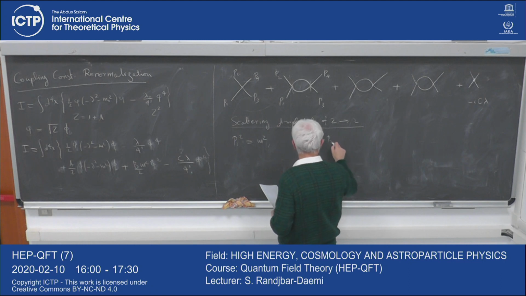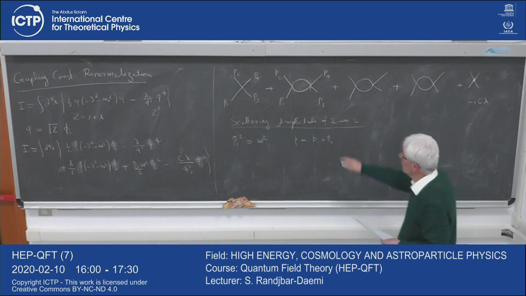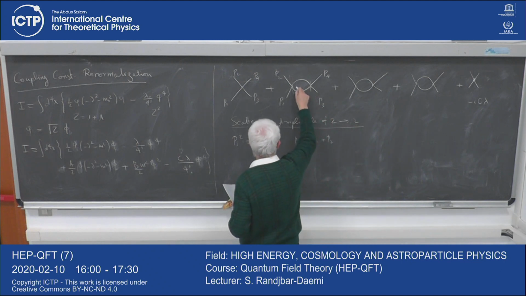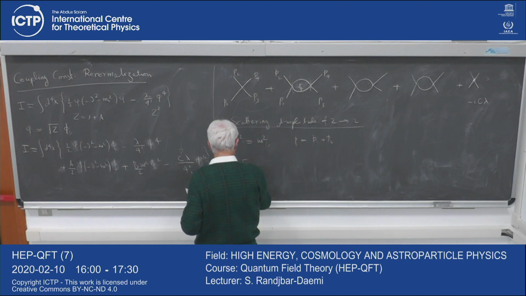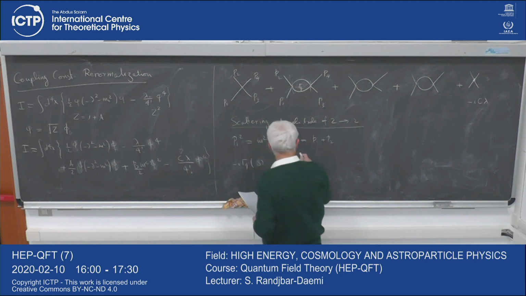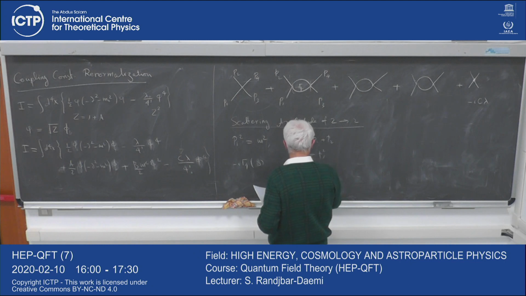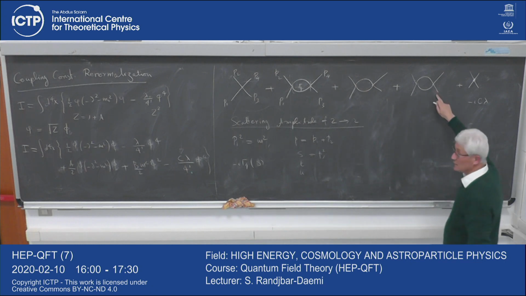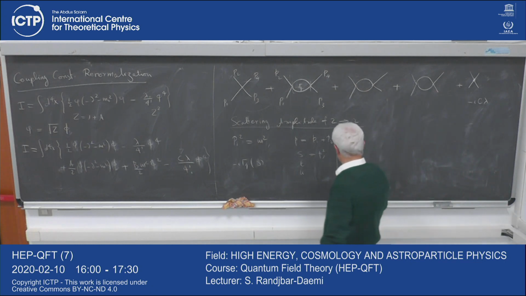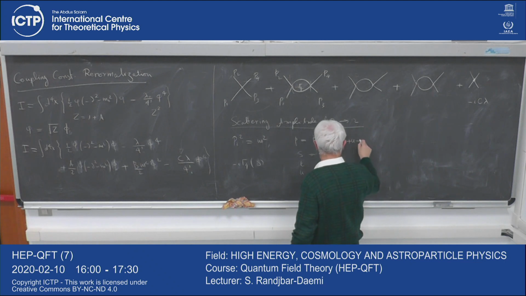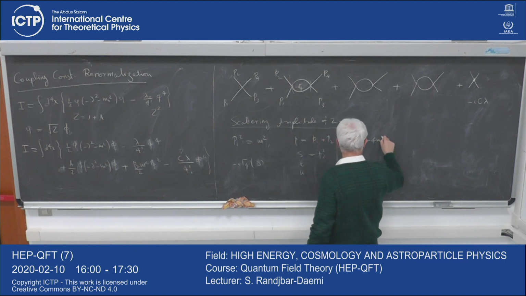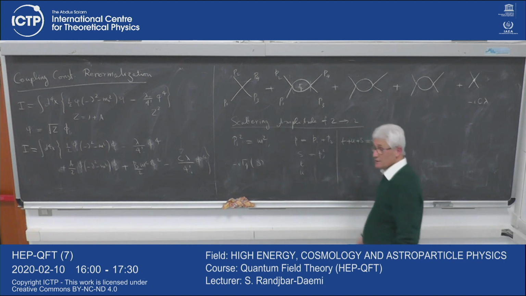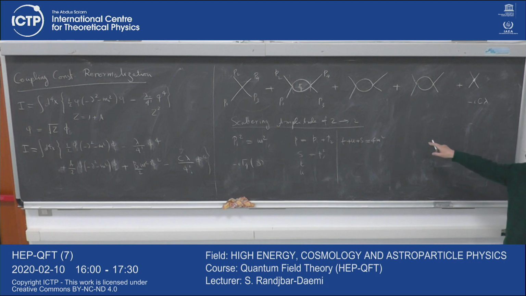There is a total momentum P going in, and the whole amplitude will depend on P squared, or s. You remember the Mandelstam variables: s is P squared, there is a t and there is a u, t with this graph and u with this graph. I will leave them to you to write in detail. And you remember that they are not independent of each other. There was an exercise I gave you in September to show that their sum is equal to 4m squared.